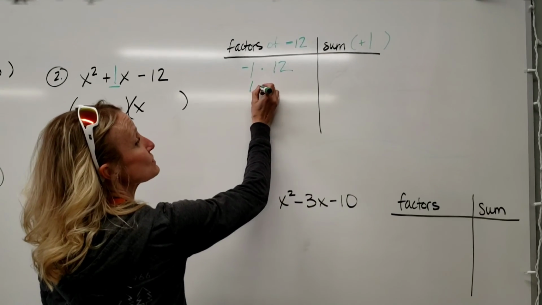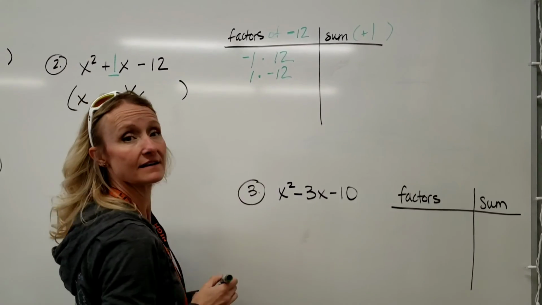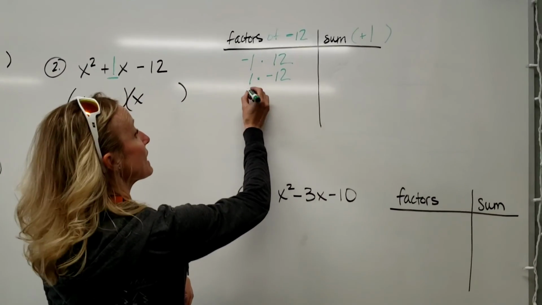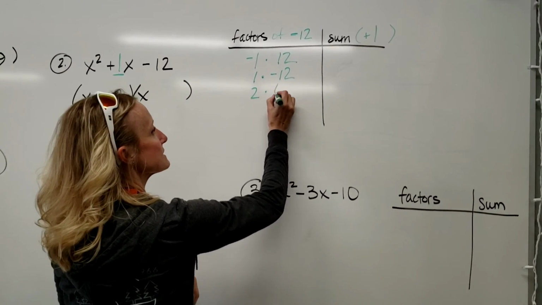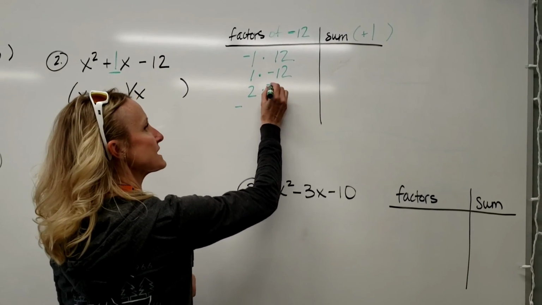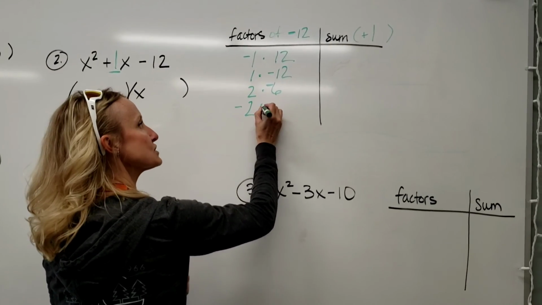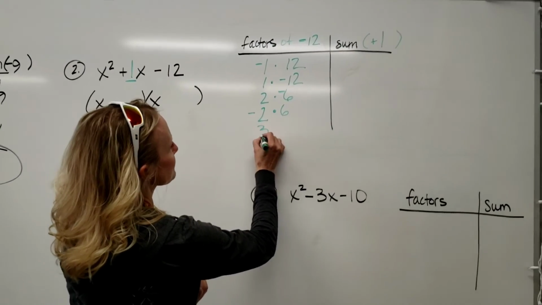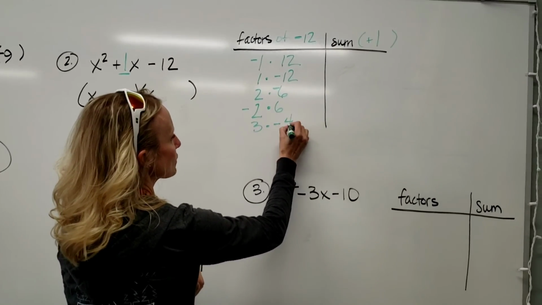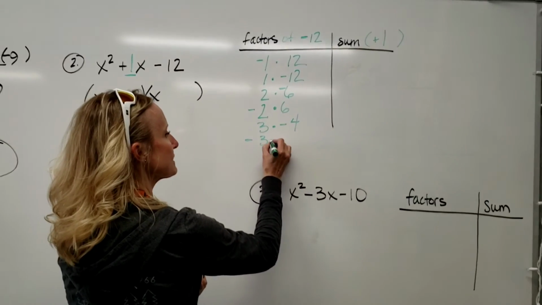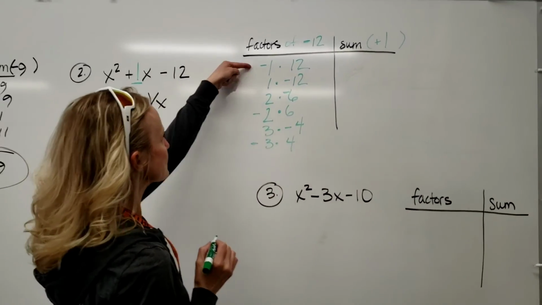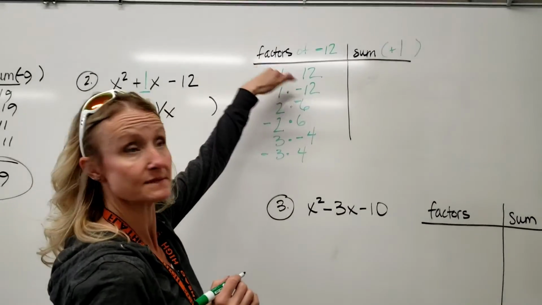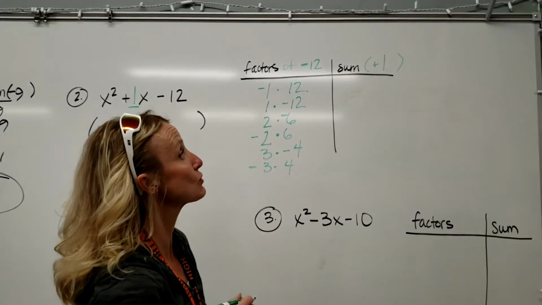We could also do this. Okay, then you can do 2 and 6, 2 and -6, -2 and +6. We can do 3 and -4 and -3 and +4. Every single one of these, if you multiply them together, gets you to -12.